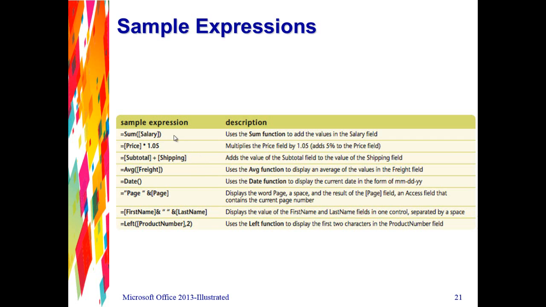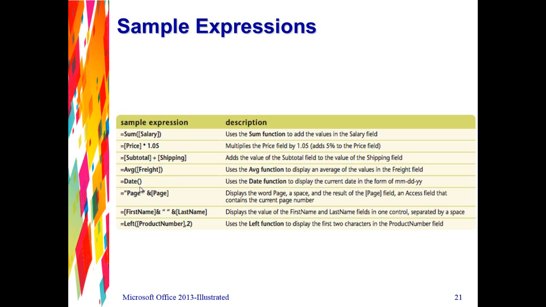Here would be an example of using the sum function to add all the values in the salary field. Or we could multiply the price field here by 1.05, which is going to add 5% to the price field. Or we can add subtotal and shipping, so it's adding two different fields together. Or we can use the average function to find maybe the average freight.